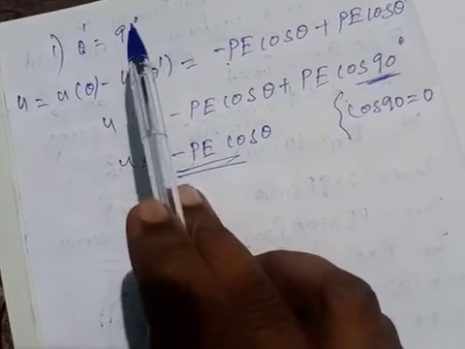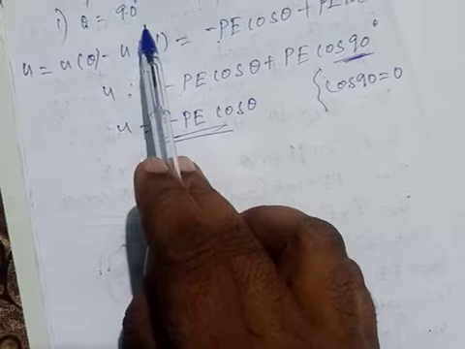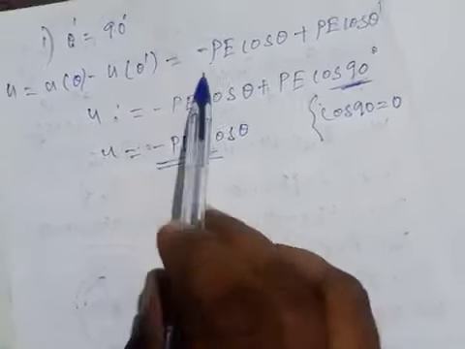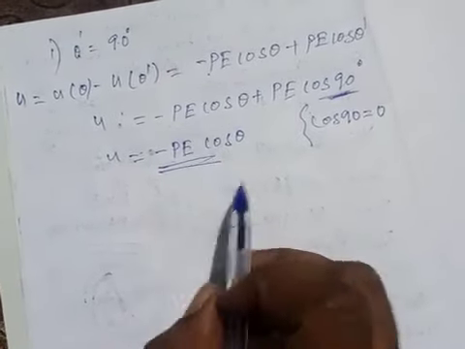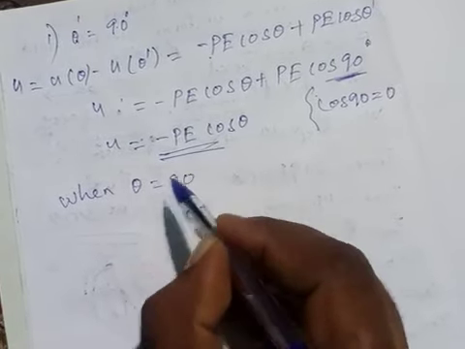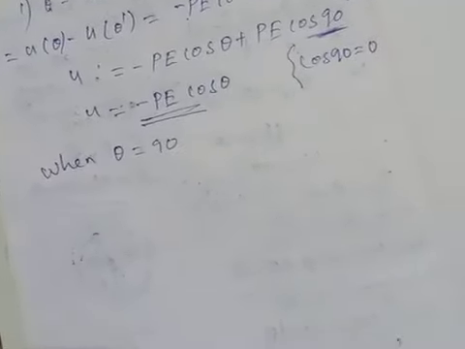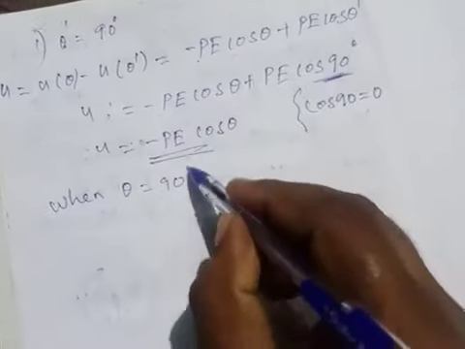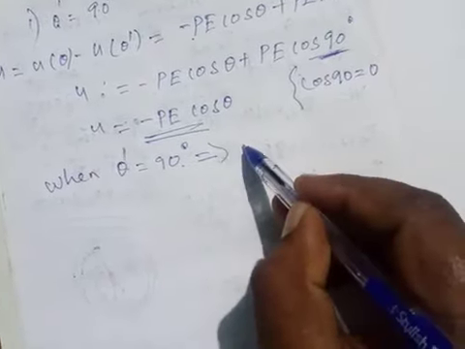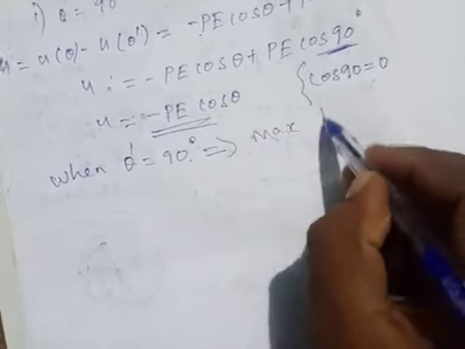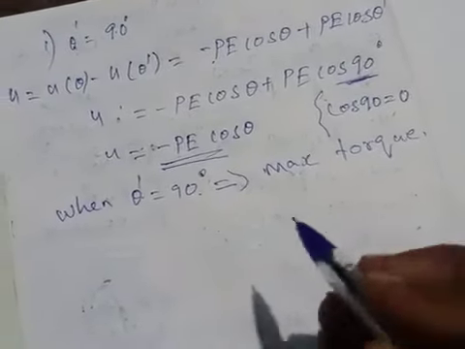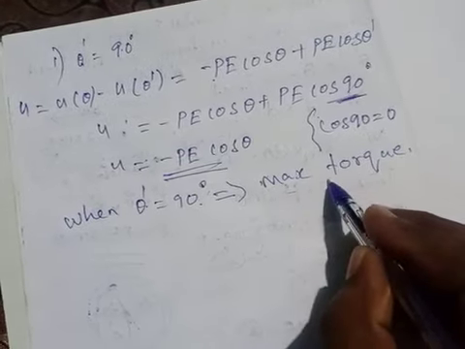We have learned that when the angle is 90 degrees, the dipole experiences the maximum torque. When the initial angle is 90 degrees, it experiences maximum torque. That is what we learned in the last derivation, torque experienced in a uniform electric field.